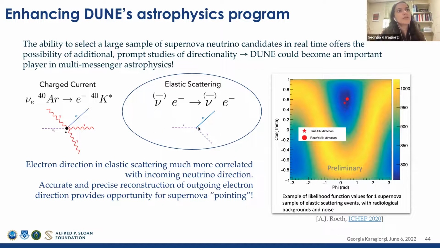So even though this electron can come out at pretty much any angle, on average, it will point back to the original direction of the incoming neutrino. And so the ability to find these events within our sample of supernova neutrino interactions allows us then to provide accurate and precise reconstruction of the outgoing electron direction, and then on average be able to point back to the supernova source.